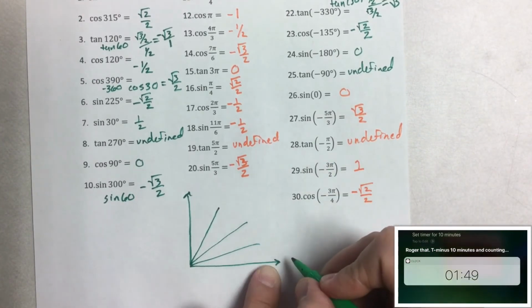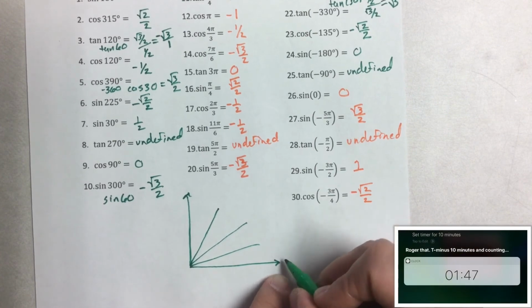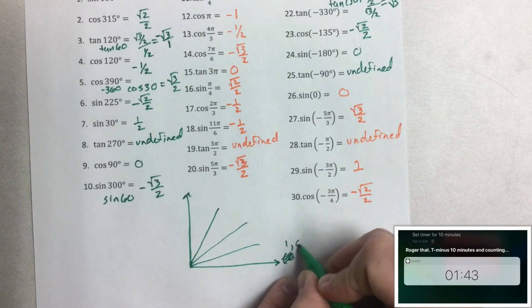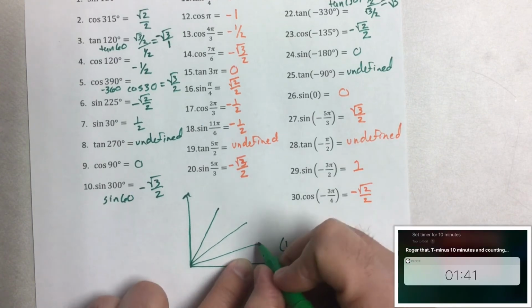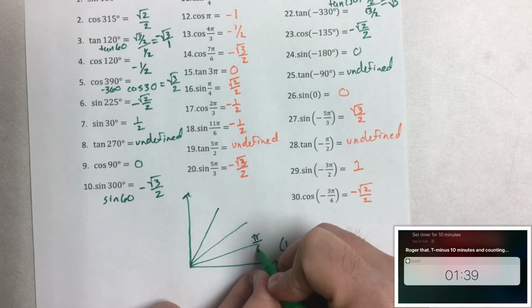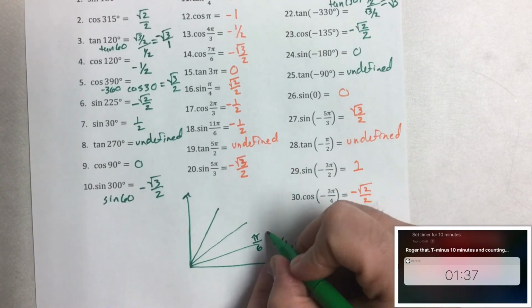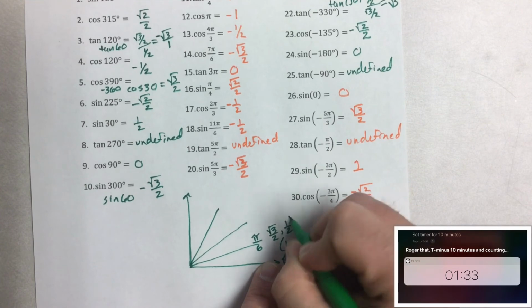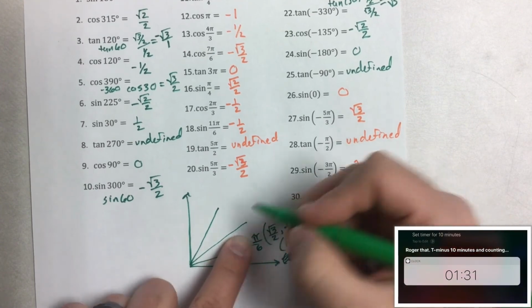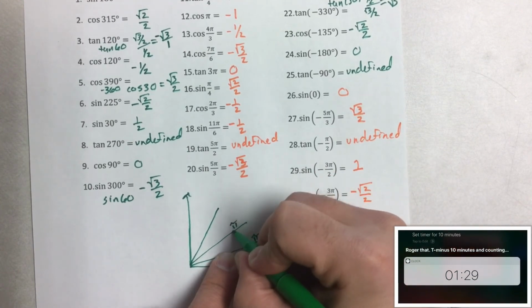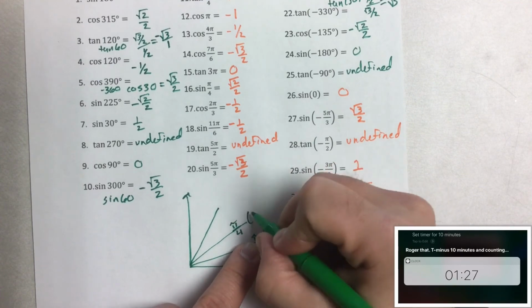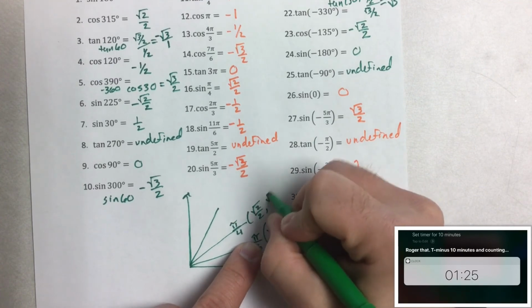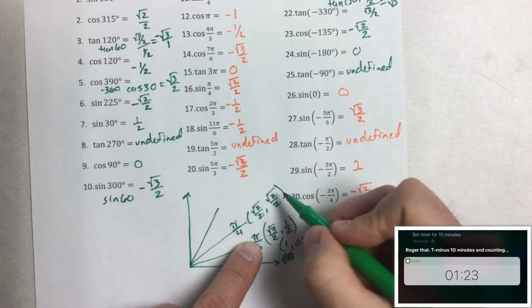Okay, so at 0, 2 pi, 4 pi, it is always 1, 0. At pi over 6 or 30 degrees, it is square root of 3 over 2, 1/2. So cosine, sine. At 45 or pi over 4, it is square root of 2 over 2, square root of 2 over 2 for cosine and sine.